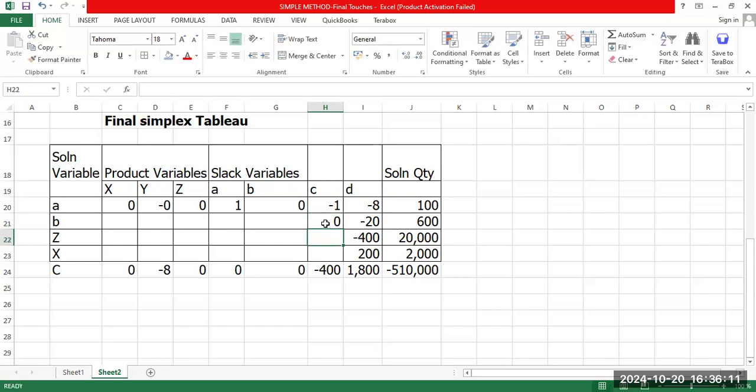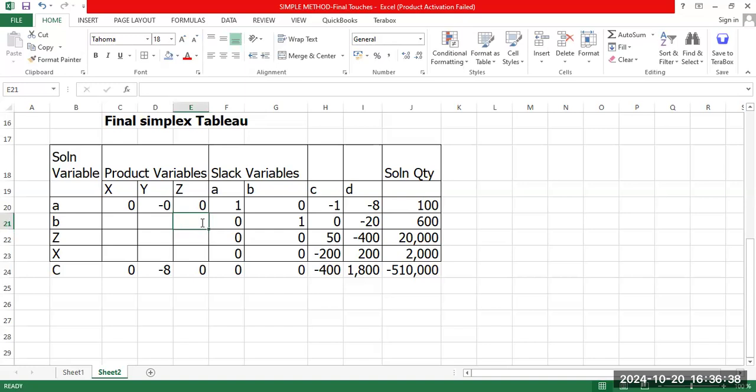0, 50, -200. Then this one, 1, 0, 0. Then this one will also be 0, 0, 0.